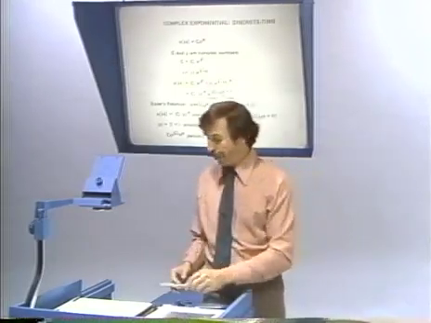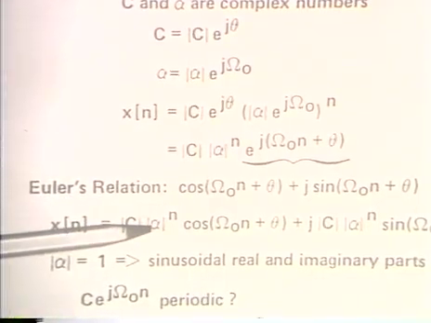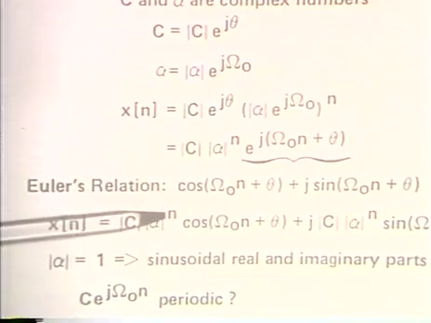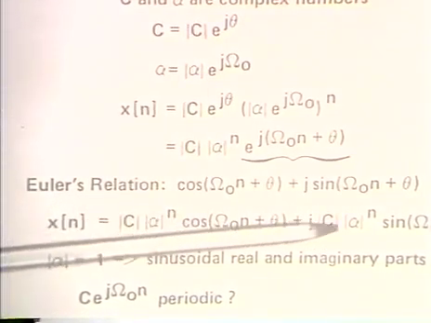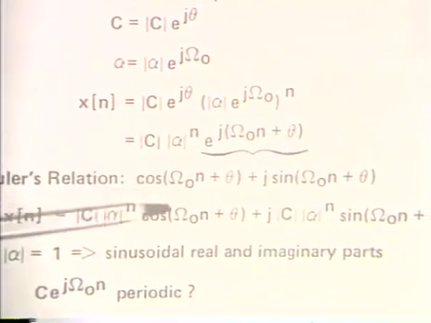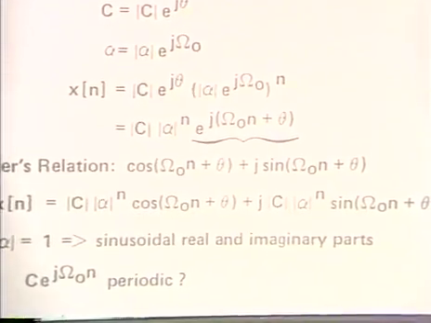Of course, if the magnitude of alpha is equal to 1, then this factor disappears, or is equal to 1. And so we have sinusoids in both the real and the imaginary parts.